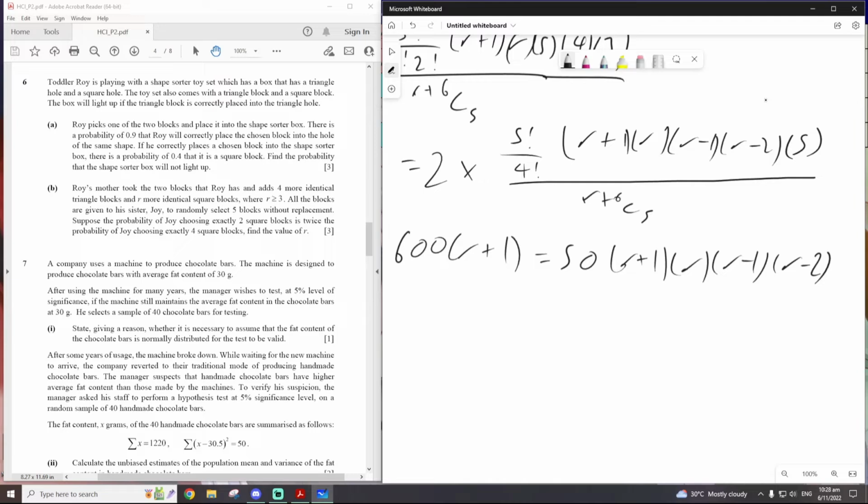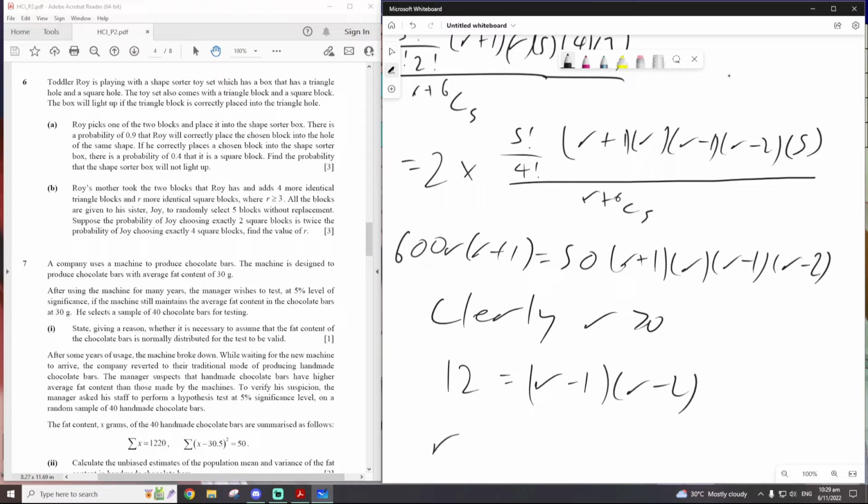So now, oh wait, I forgot the r. There's an r at the top, I think. Sorry, so sorry. Forgot the r. r plus 1. Okay. So clearly r is greater than 0, so we can do a bit of cancelling. So you will get 12 is equal to r minus 1, r minus 2.